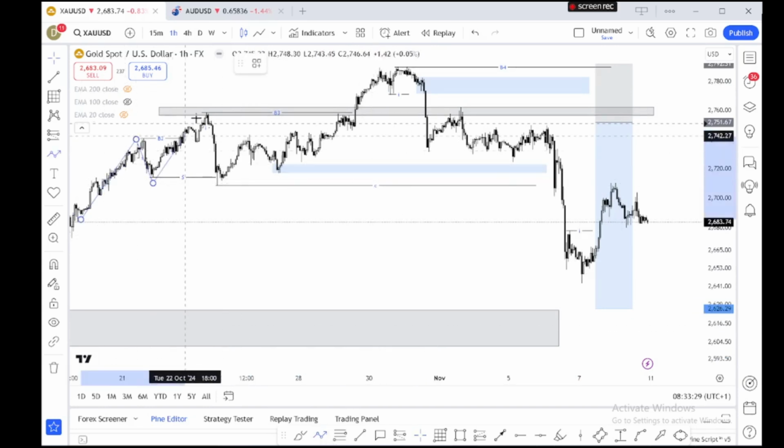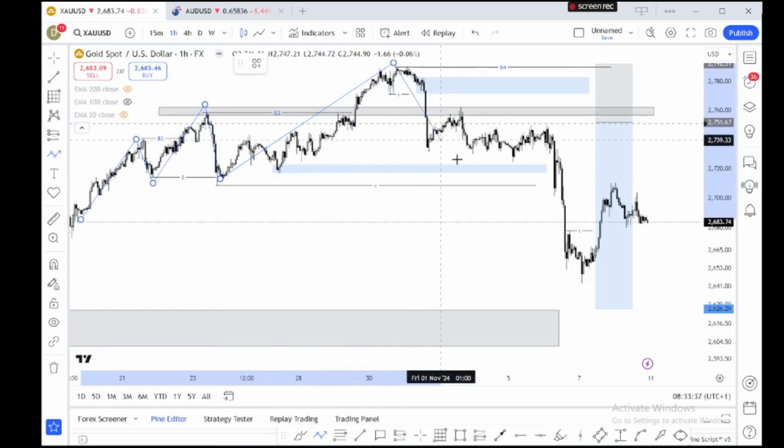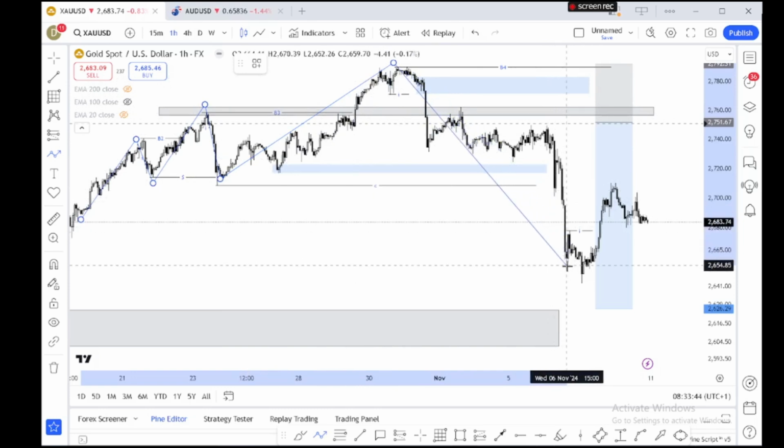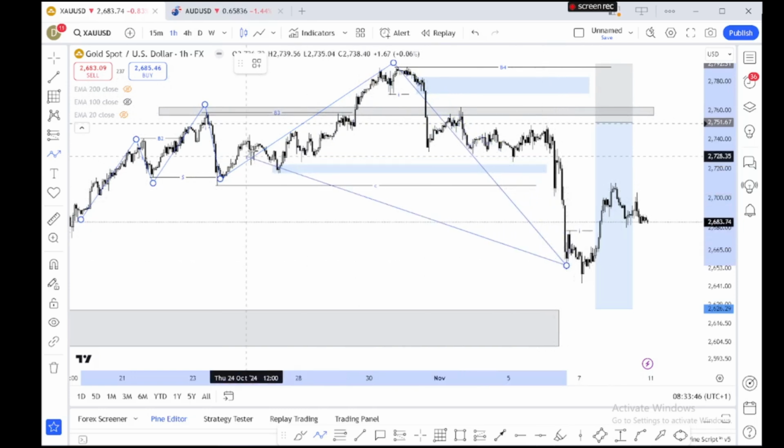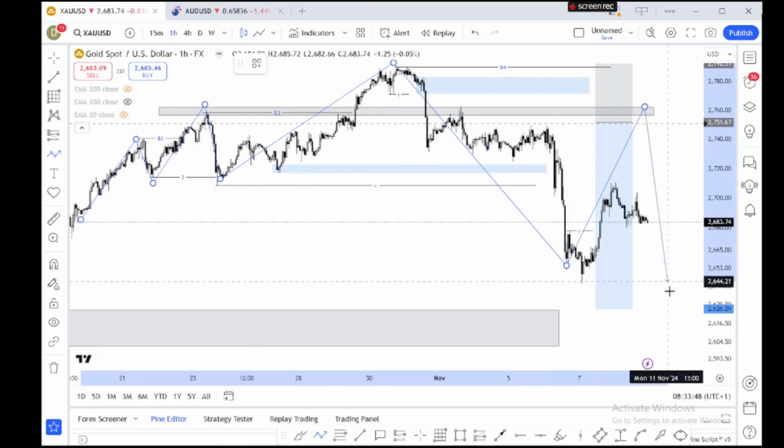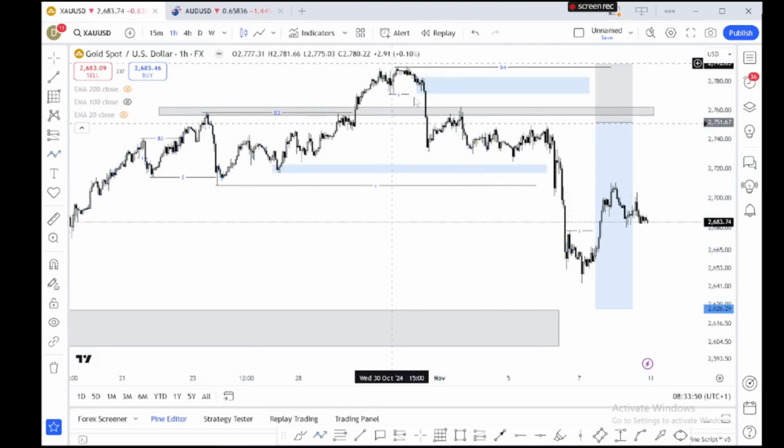Market was coming like this, swept this low, then pushed up. So this is our major low, and anything that happened in between is just internal. Immediately I saw the change of character, I switched my bias from buying to selling. That's why I'm positioning for gold to come back here before I sell.